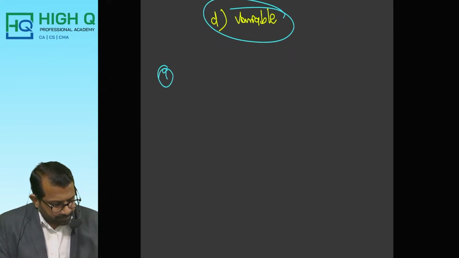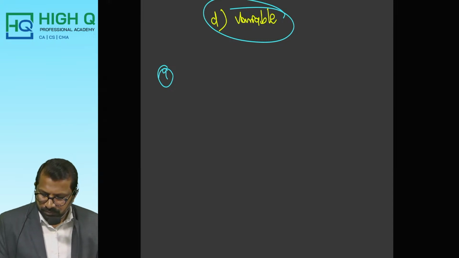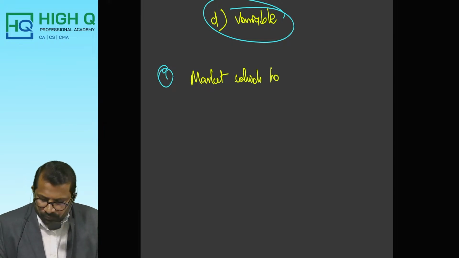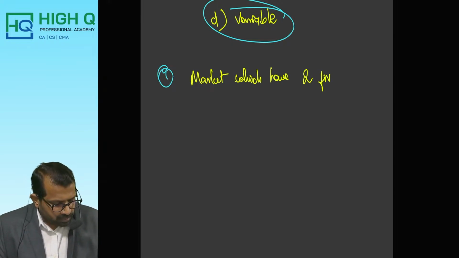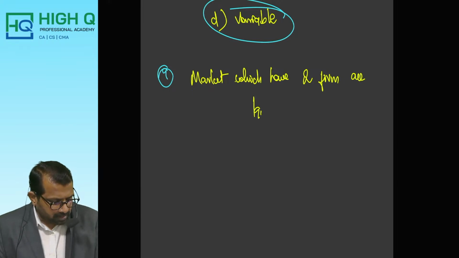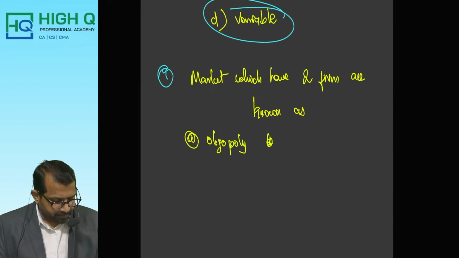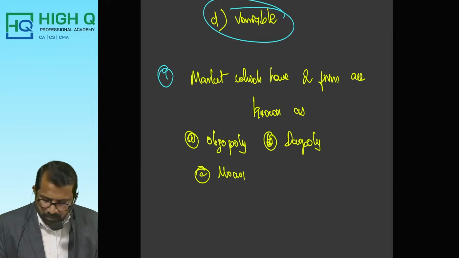Now the ninth one. A market which has two firms is known as: oligopoly, duopoly, monopsony, oligopsony.